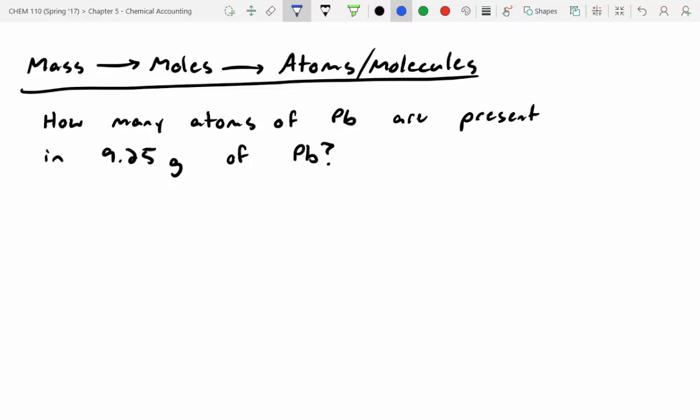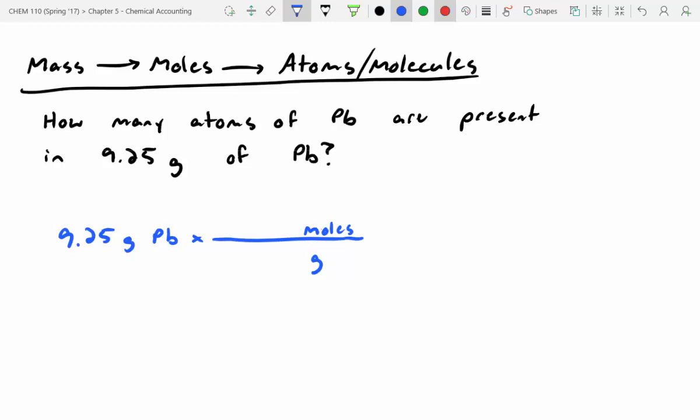So first thing we want to do is convert from mass to moles, and then we want to convert from moles to atoms or molecules. Let me scoot this over. So we want to cancel out grams first. I'm going to put grams on the bottom. And we want to convert it to moles, so I'll put moles on top.